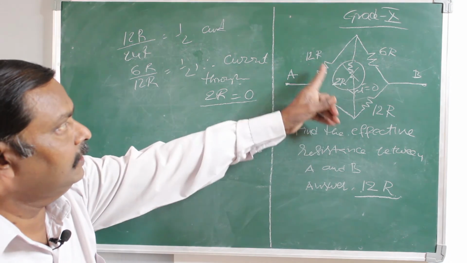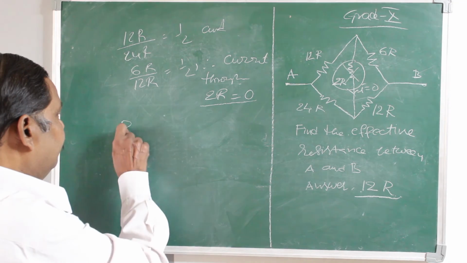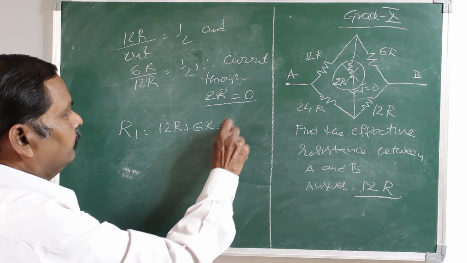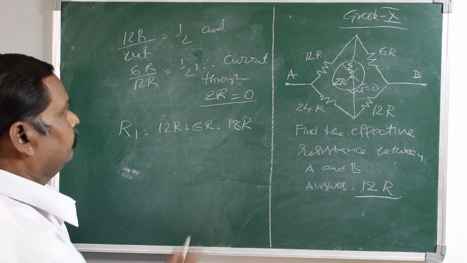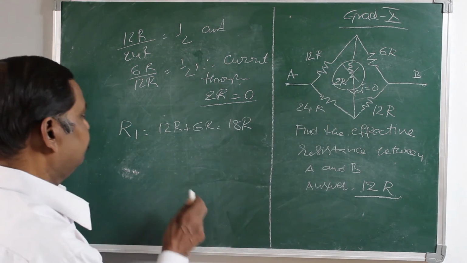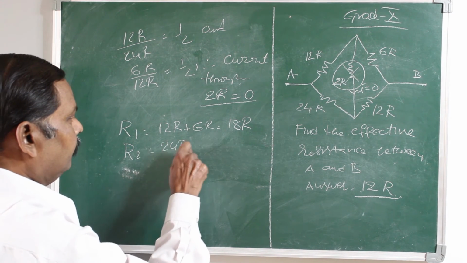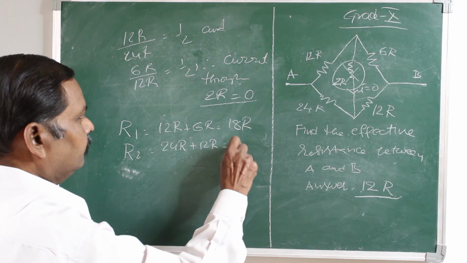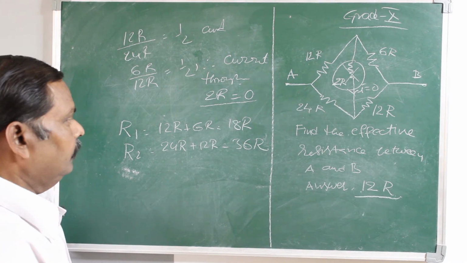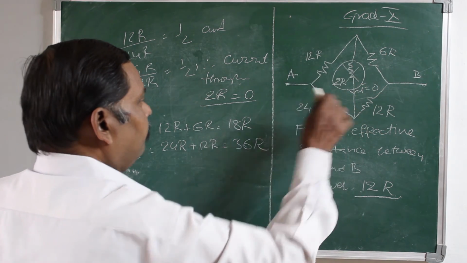When this is cancelled, 12R and 6R are in series. Then R1 is equal to 12R plus 6R, this is 18R. And 24R and 12R are also in series. Let me take R2 is equal to 24R plus 12R is equal to 36R. Now, this whole loop and this whole loop are in parallel.